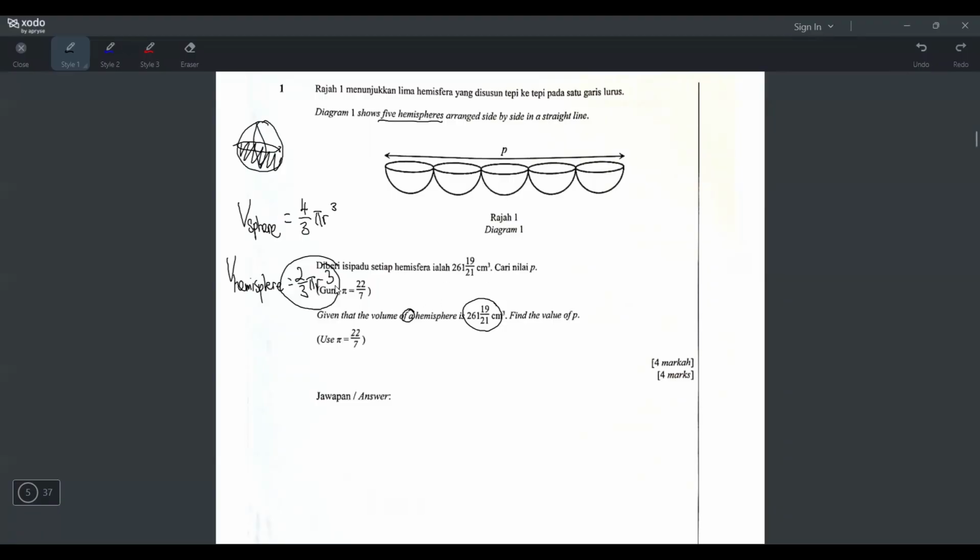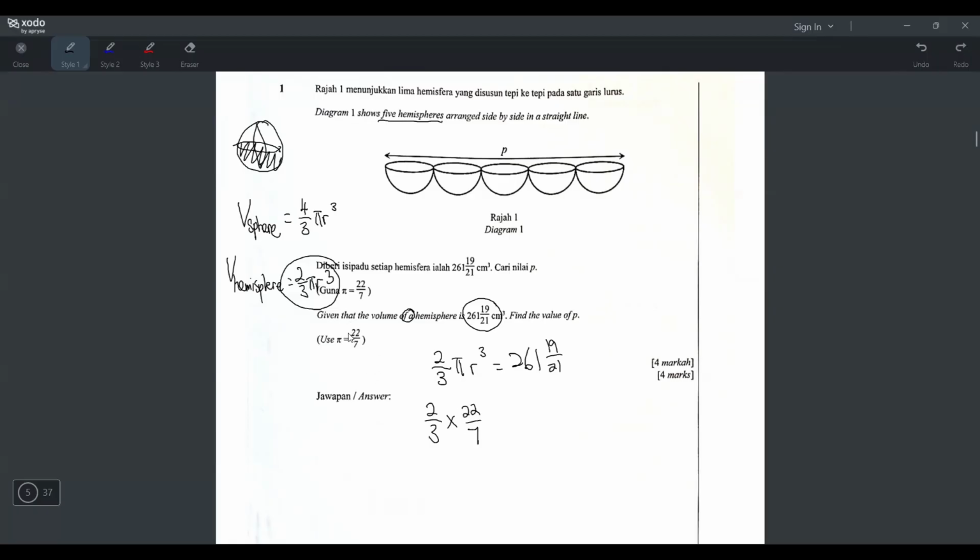So what I will do now is write down 2/3 pi r cube equals 261 19/21, because they already said the volume of one hemisphere is this. For the pi, I will put in 22/7, so it becomes 2/3 times 22/7 because they want us to use pi 22/7.